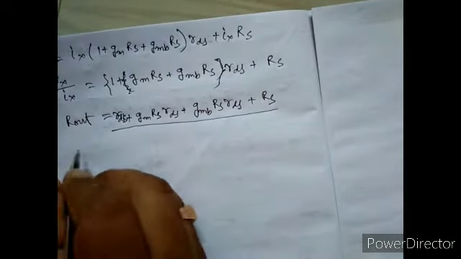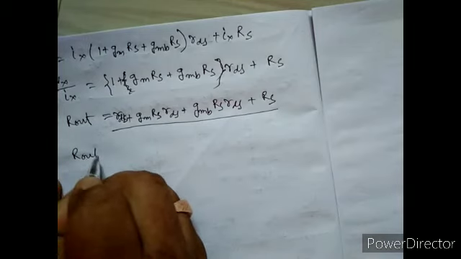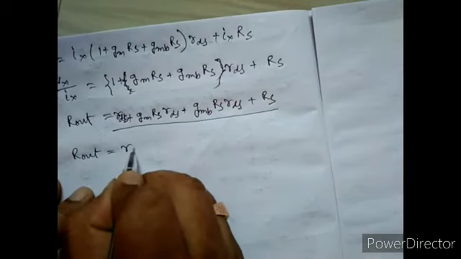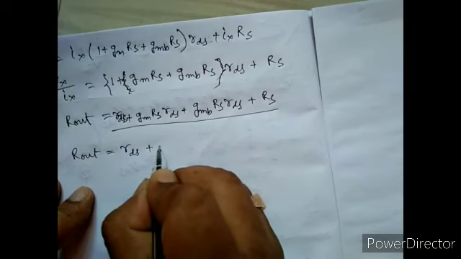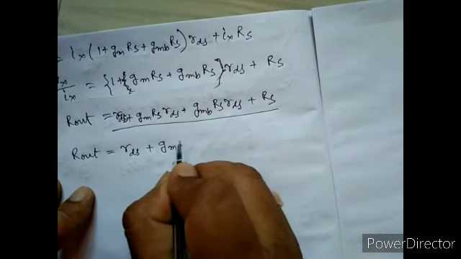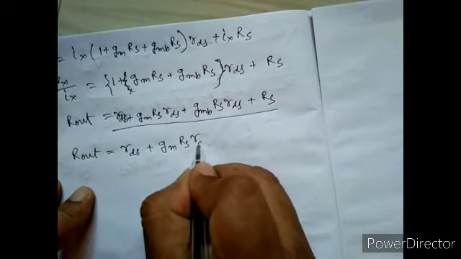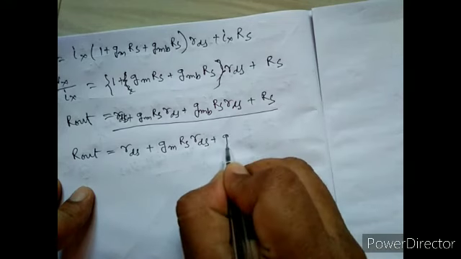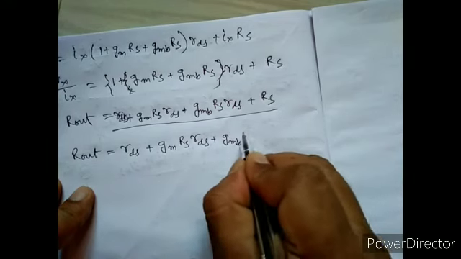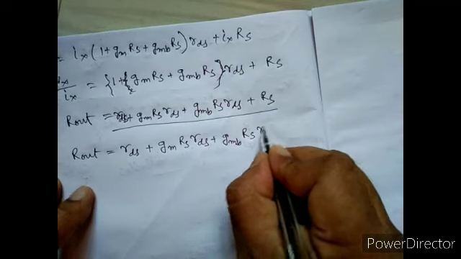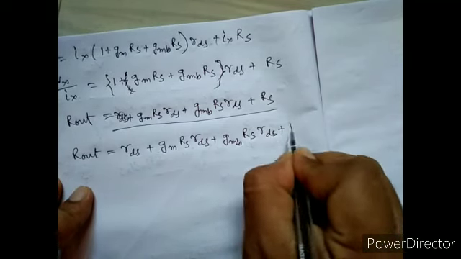Okay, so finally you can write R out equals RDS plus GM RS RDS plus GMB RS RDS plus RS.